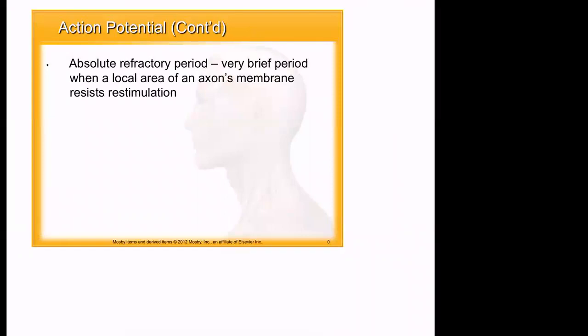Then there's something called the absolute refractory period, or just the refractory period. This is a phrase that gets used a lot. But when we're talking about the action potential and the current running along neurons, this is important, because in order for the action potential, that electrical signal, to continue going in one direction, the membrane has to have a moment where it cannot be depolarized.